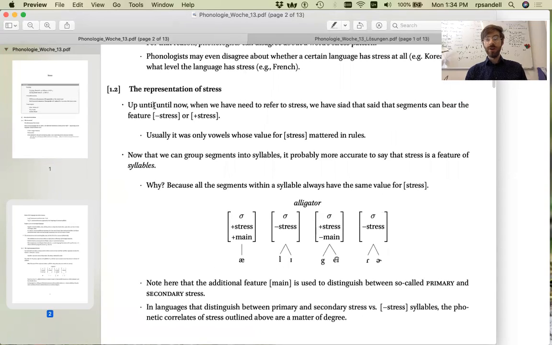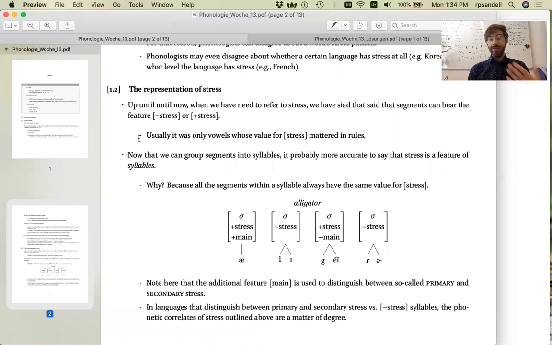Whenever we have talked about stress in this course up to this point, we have always said that there are certain segments that can bear the feature minus stress or plus stress. And it has usually been the case that only vowels carry that feature. I guess we could imagine that any plus syllabic segment, even if it weren't technically a vowel, we could have given the feature stress to.